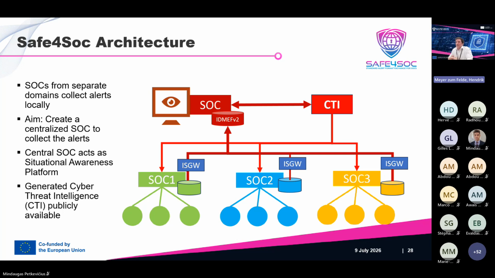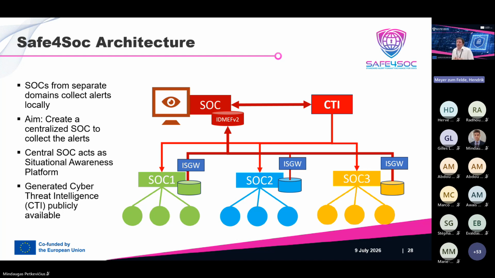And why do we do that? Of course, the Central Security Operations Center acts as a situational awareness platform. The central SOC can see things which the individual SOCs 1, 2, and 3, for instance, cannot see. So the idea is to collect the alerts and aggregate the information to create cyber threat intelligence.